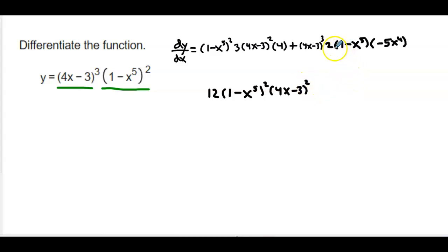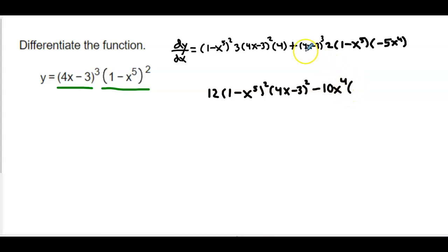And then we've just got this 2 and negative 5 to combine. So that's going to make this plus sign negative. 2 times negative 5, you can think of it as positive 2 if you want, but because we've got a plus here, 2 times negative 5 is negative 10. And then we'll put this x to the fourth out front just because it looks nice to have it there as the first factor written.